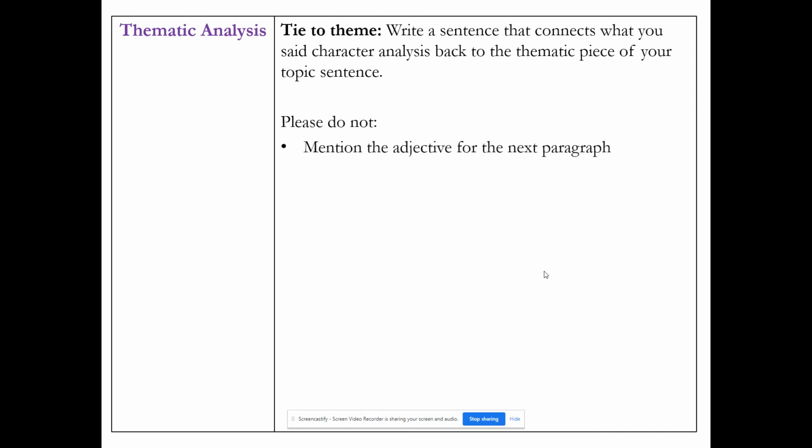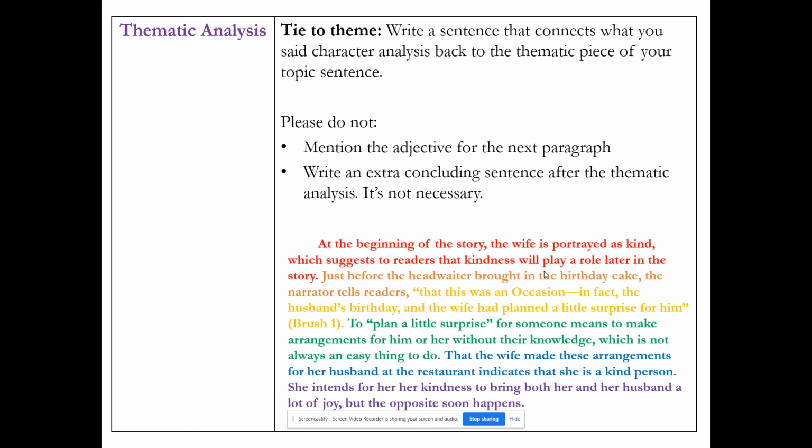You shouldn't mention the adjective for your next paragraph in thematic analysis. And the other thing you shouldn't do is write an extra concluding sentence after thematic analysis. If you do thematic analysis correctly in each paragraph, it ends your paragraph. You don't actually need to add anything else. So again, I can give you the definition of thematic analysis, but the best way to understand how it works is to look at this example.